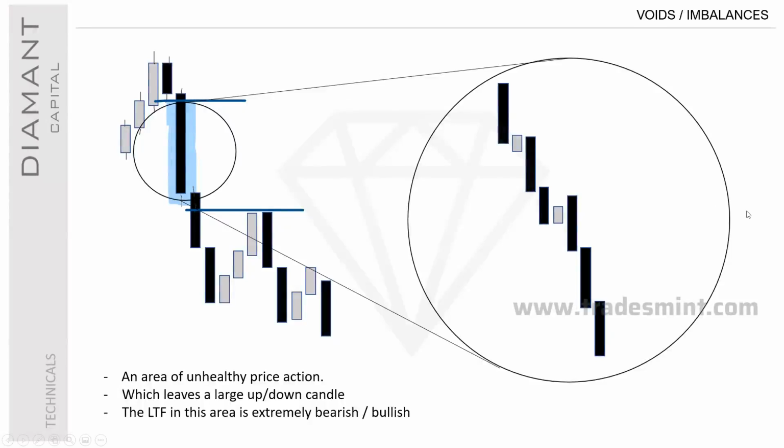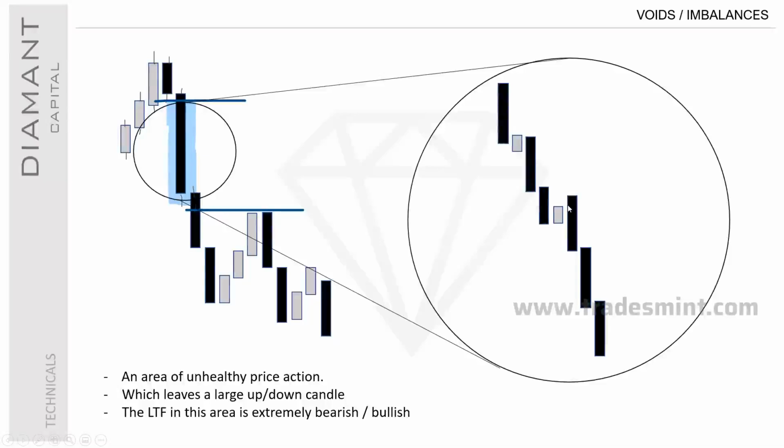Now, if you were to look at this on the lower time frame, what you would see is a straight down move. Honestly, there would be barely any pullback. So if this is a 1 hour candle, you might get a few minutes where you might see a bit of up movement, but it's very minimal.